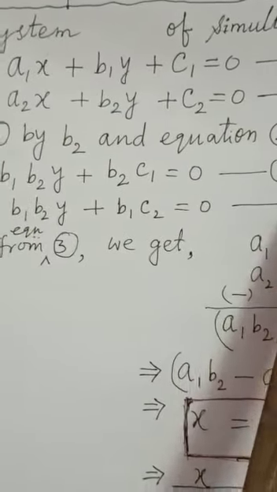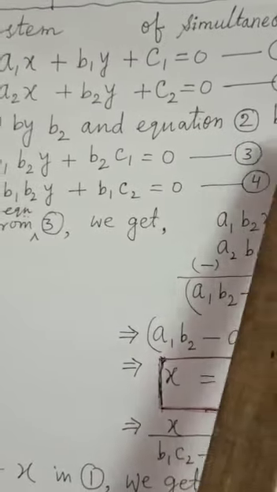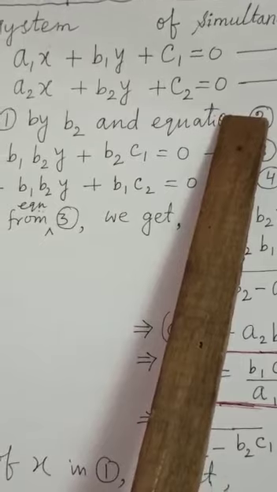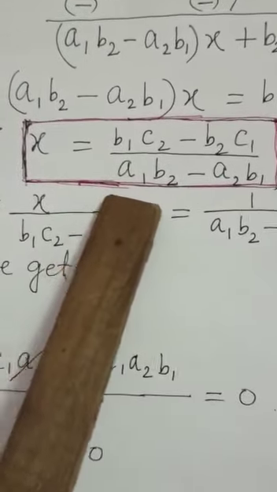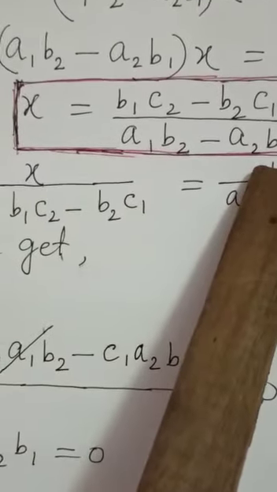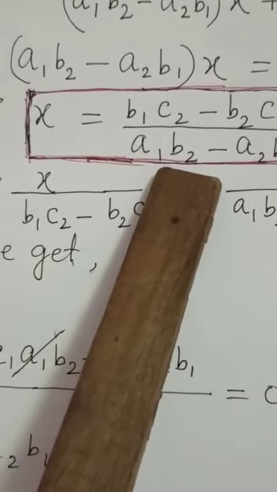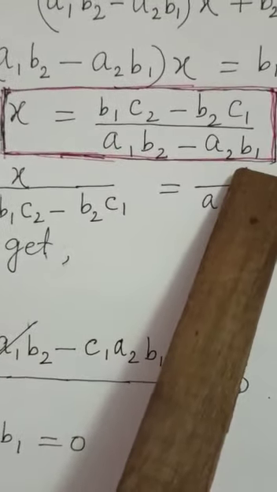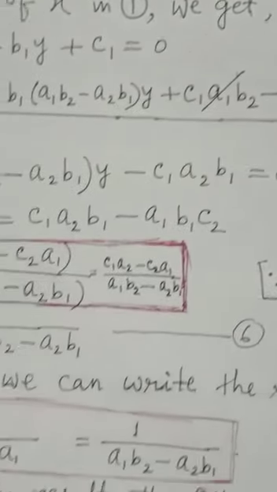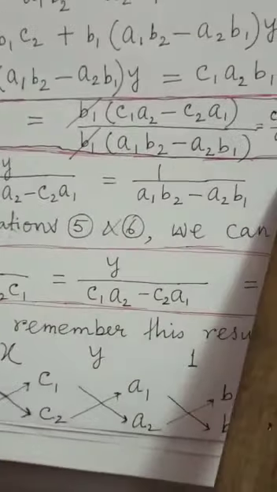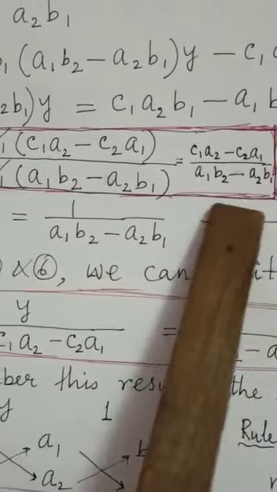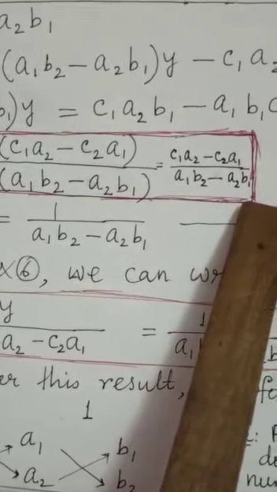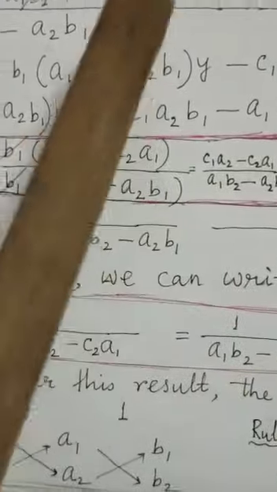Then this system of equations has a unique solution given by x is equal to b1 c2 minus b2 c1 upon a1 b2 minus a2 b1 and y is equal to c1 a2 minus c2 a1 upon a1 b2 minus a2 b1. Let us prove it.